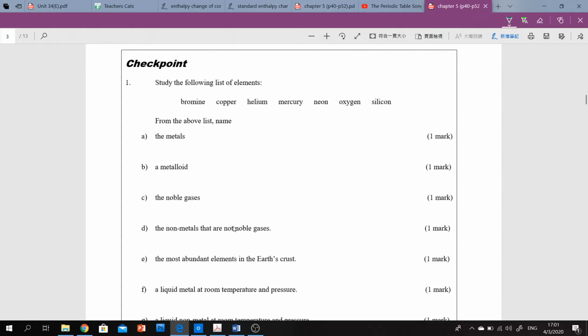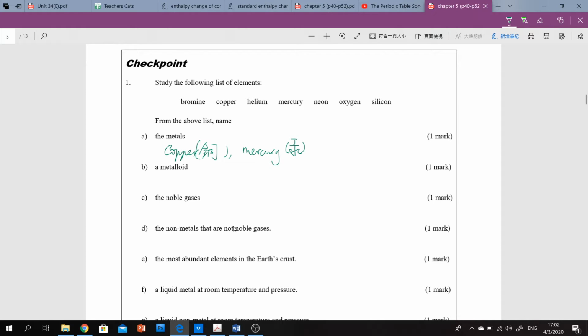Yes, that's right. We have copper, which is just one of them. And what else? It is mercury. It is the only metal whose Chinese word is without the part 金. Can you see that?